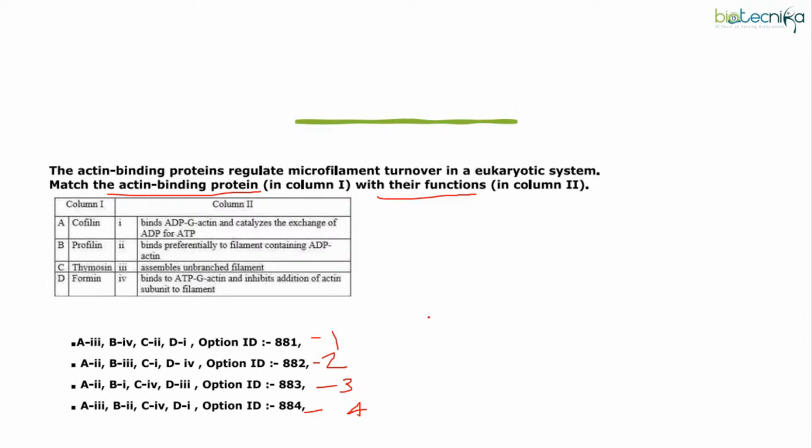As I told you, accessory proteins are very important from an examination point of view, whether it is your microtubules or your microfilaments, in both cases. So, what should be the correct answer over here? Any idea?